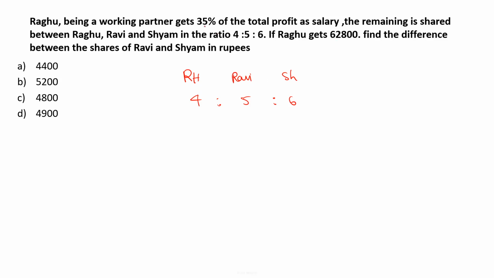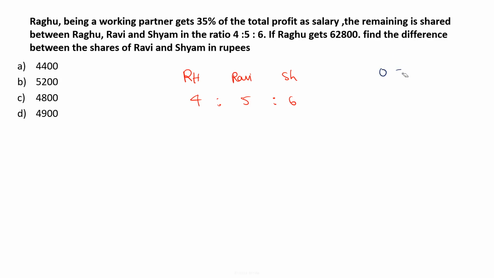When Raghu has to get 35% of the profit as salary, we just transfer those 35% of the amounts from Ravi and Shyam to Raghu. 35% of 5, 10% of 5 is nothing but 0.5.